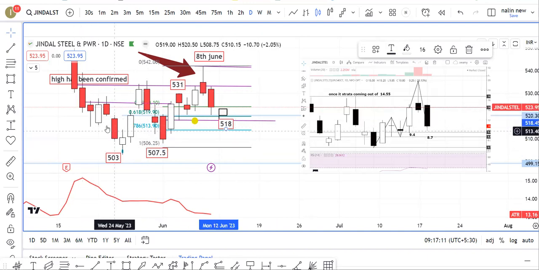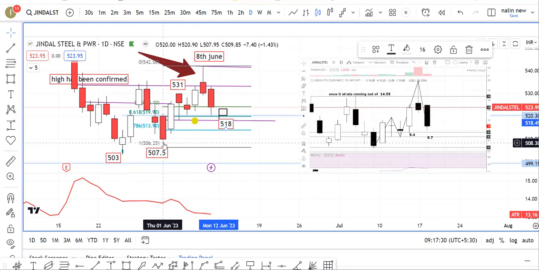Actually, it has made an attempt. After the immediate fall, this was an immediate reaction and the price has gone below that and it has shown change of character. After making a high, it has made a higher low, confirming this high, and also it has confirmed making a higher high on 8th June.